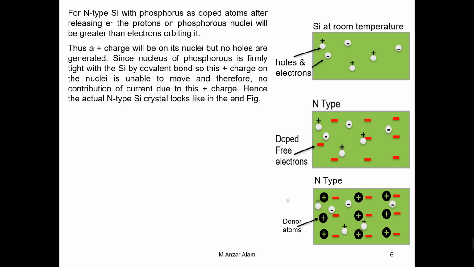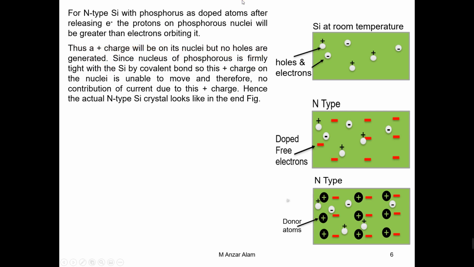So what is the important point here? The donor atom donates one electron, which is free to move, but the donor atom has a positive charge, which is firmly bonded and not movable. So the current due to this positive charge does not exist. Hope you understand. I read again, but this is a very important property. A positive charge will be on its nucleus, but no holes are generated.